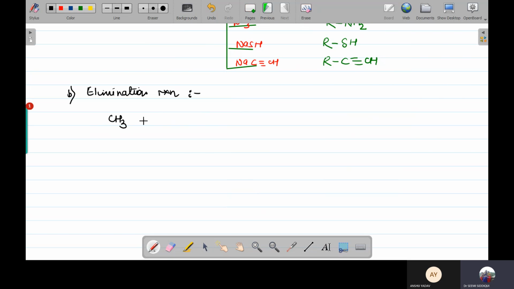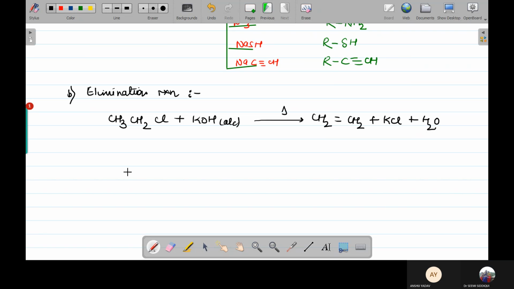Let's understand this reaction with the help of one equation. KOH should be alcoholic. Heat is given, alkene is going to form, plus KCl plus a water molecule.